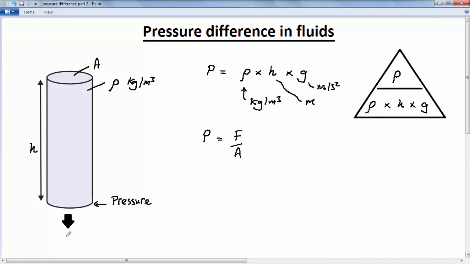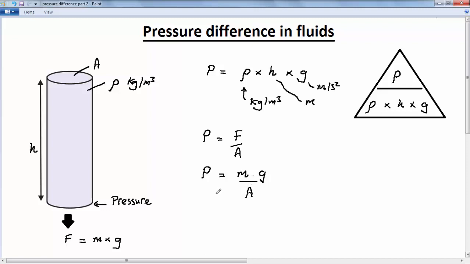So we've got to ask ourselves, first of all, what is this force here acting downwards? Well, the force is equal to the weight, which is equal to the mass of the fluid multiplied by g. So you can say the pressure is equal to mass times g, I put a little dot there, that means multiplied by, and then divided by A.